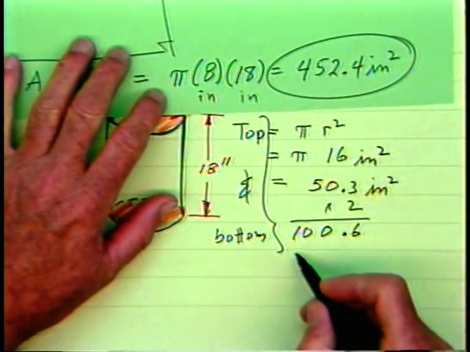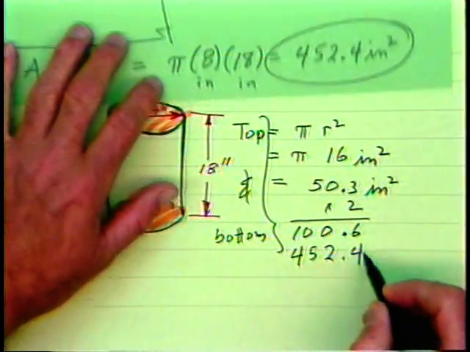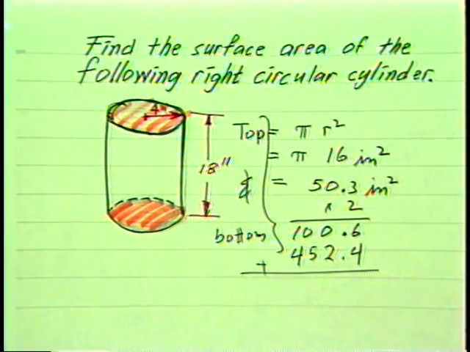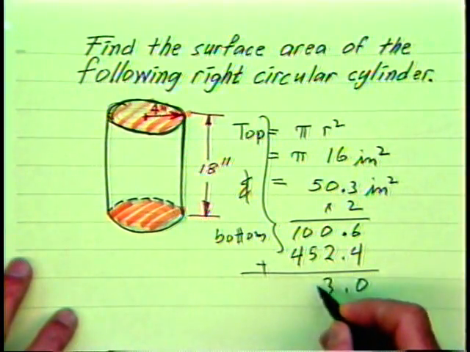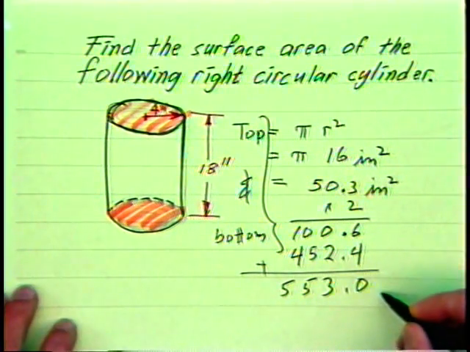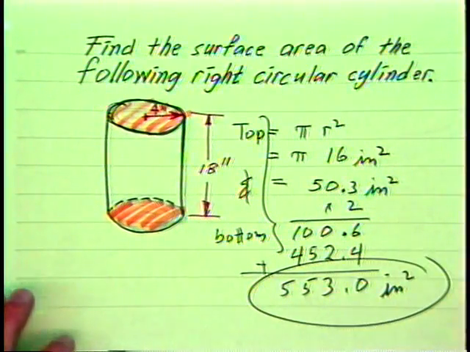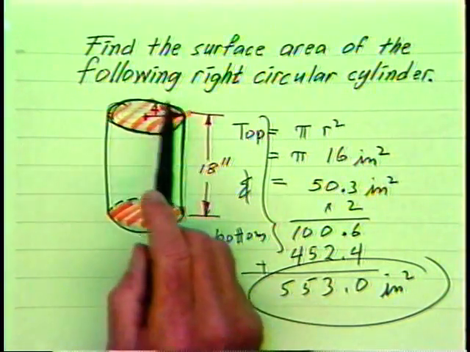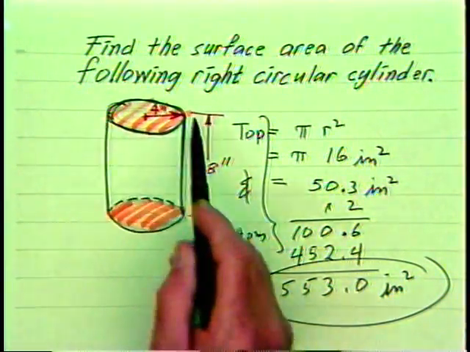So using that, along with the areas of the top, we get the grand total of all of the surface areas, which would be 553 square inches. So sometimes you have to think regarding a solid figure, what would happen if you peeled this side off?